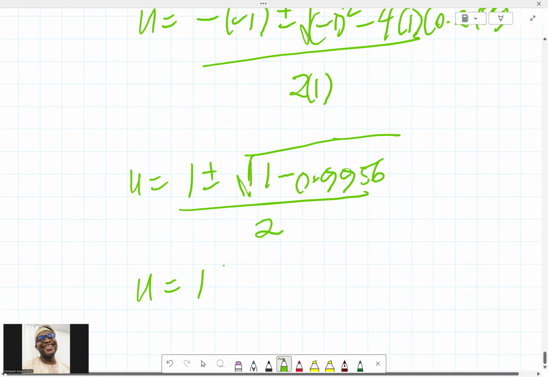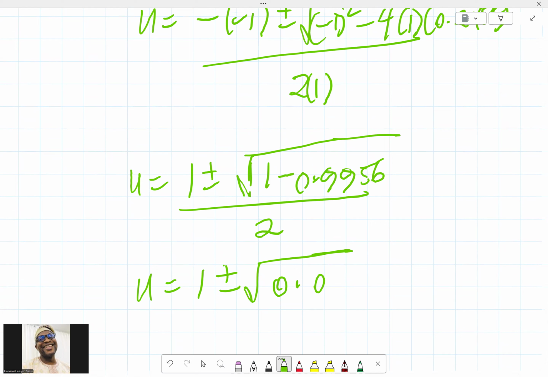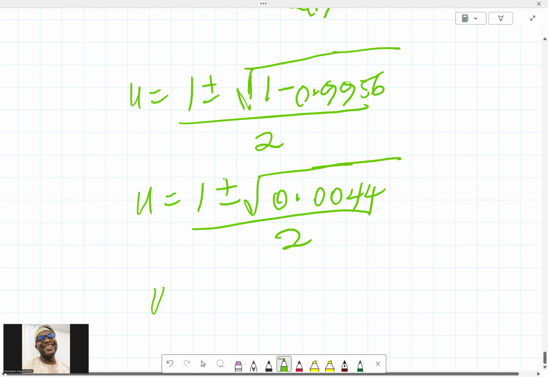Now 1 minus 0.9956 is 0.0044, so u is equal to 1 plus or minus the square root of 0.0044, all over 2.